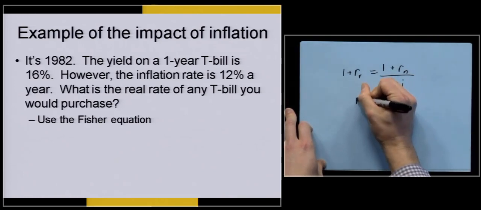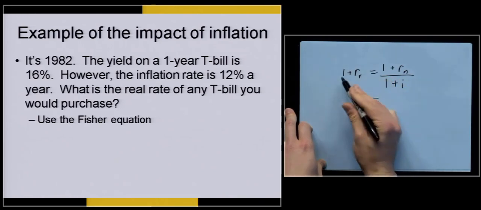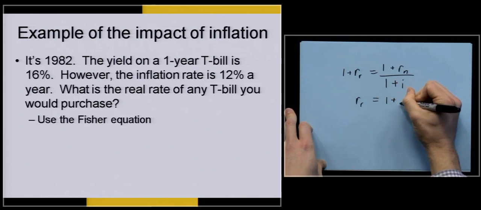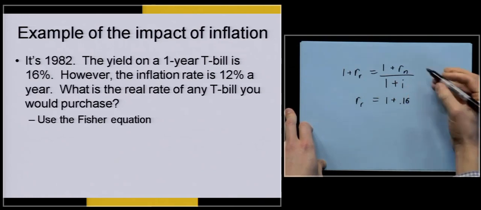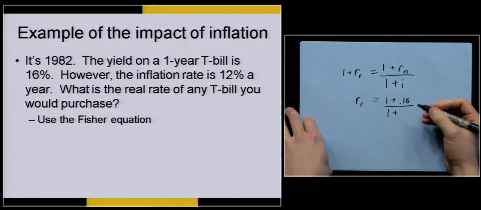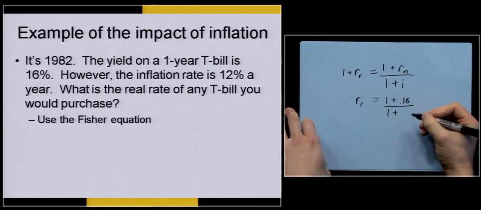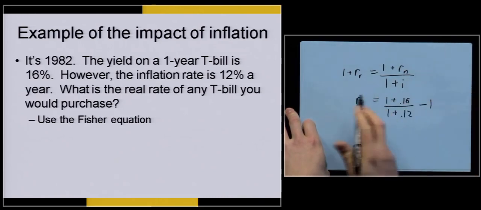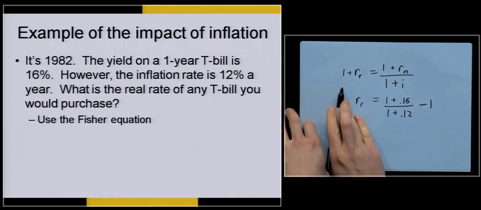So what I'll do is I'll transfer this 1 over to the other side. So we have 1 plus our 16% nominal interest rate divided by 1 plus the inflation rate that we're given here. And that is 12%. And I'll subtract 1 because I subtracted 1 from the left-hand side.